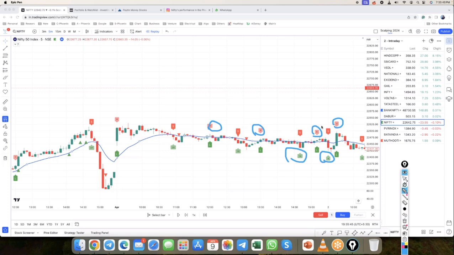If you're getting these numbers, you have to avoid trading for the day. The moment you get one signal and one more comes back to back, just close the terminal. That day, once a stop loss is hit, you are not supposed to trade for the rest of the day.